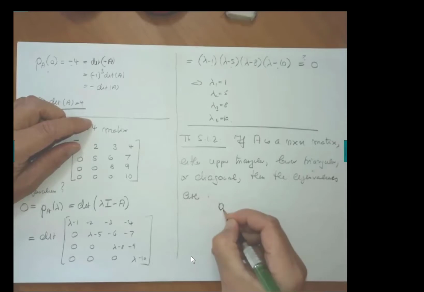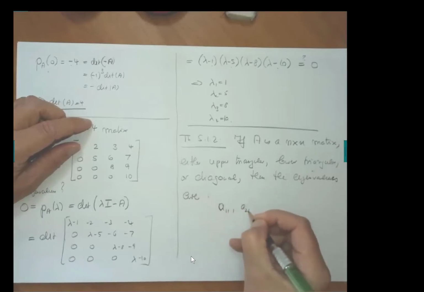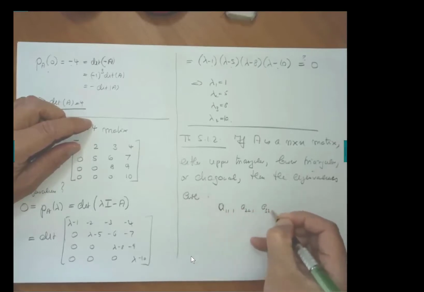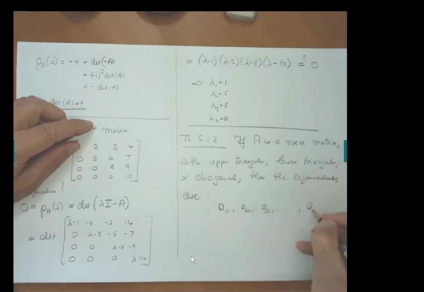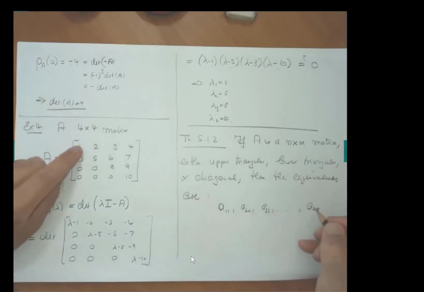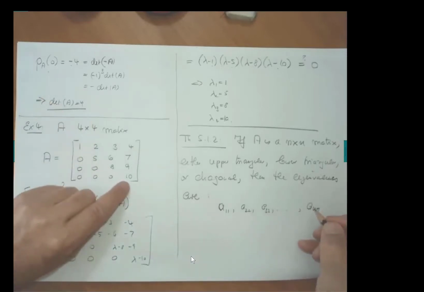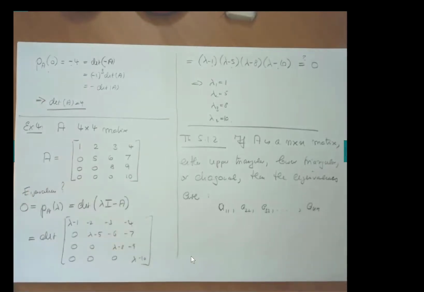So A11, A22, A33, up to Ann, 1, 5, 8, 10 here. So this is kind of good, and that is the good news.